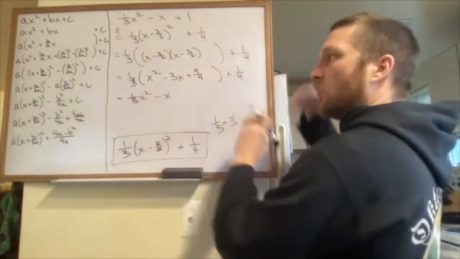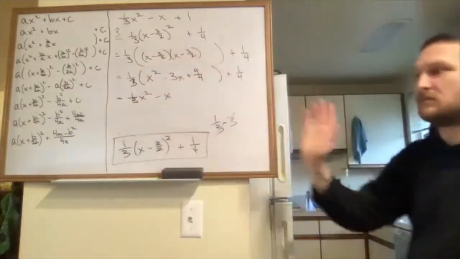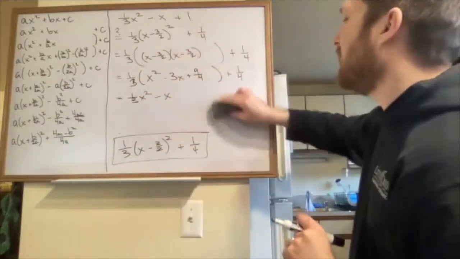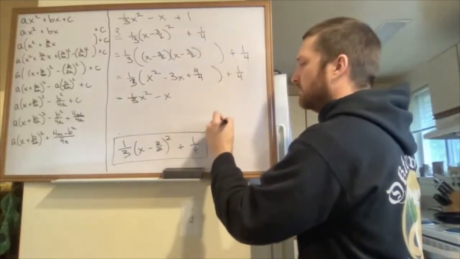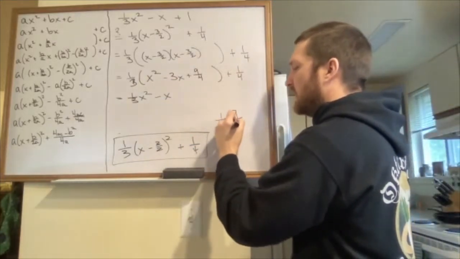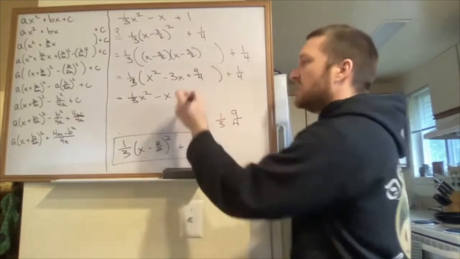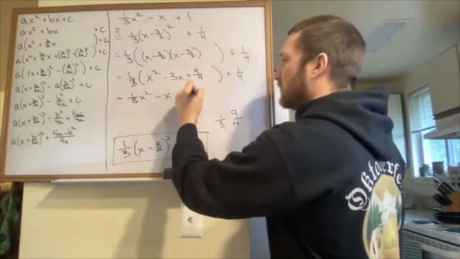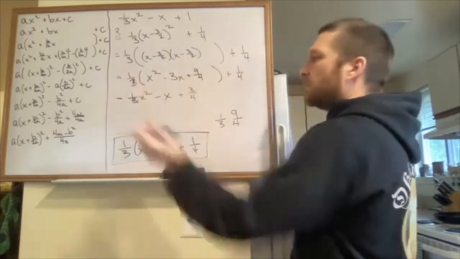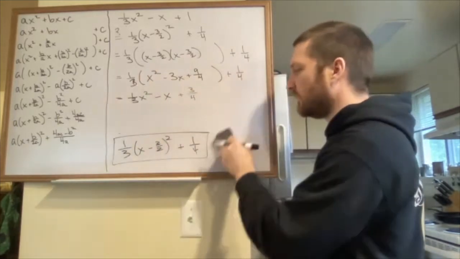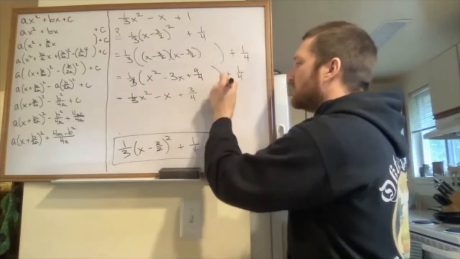You're just left with the 1 on top. And since it was minus, it stays minus. Now what happens with that 9/4? You get a 3/4. There we go, because 9/4 has a 3 on top, so that should be a plus 3/4. Yep. We're done with parentheses, and so plus 1/4.